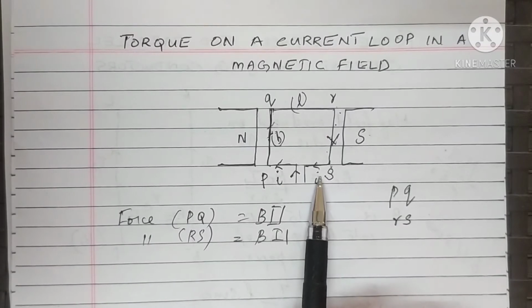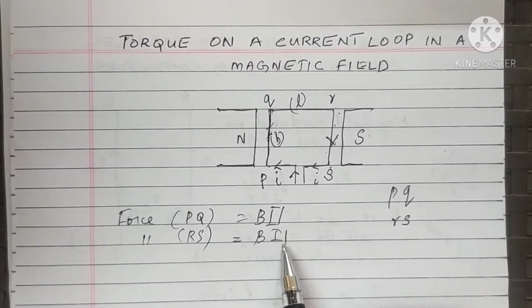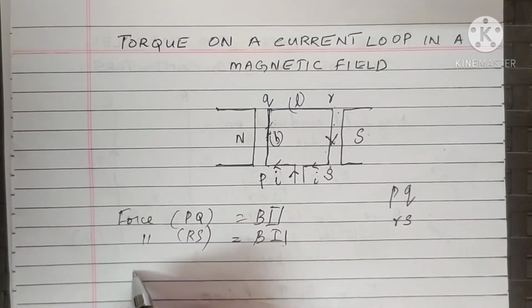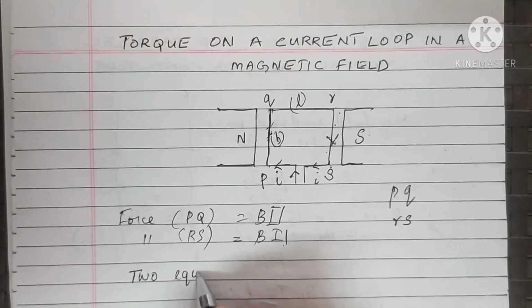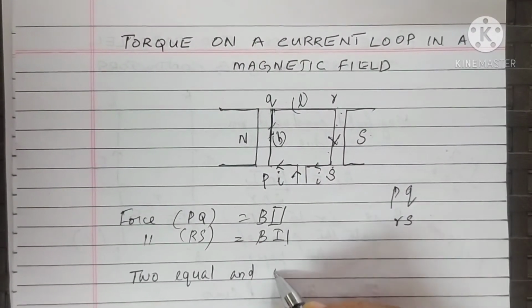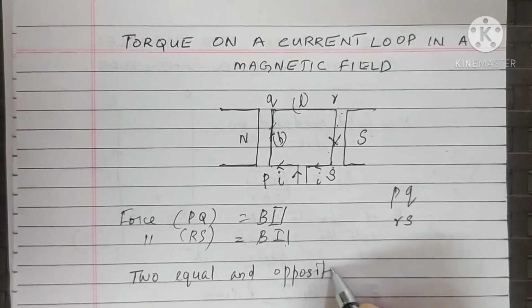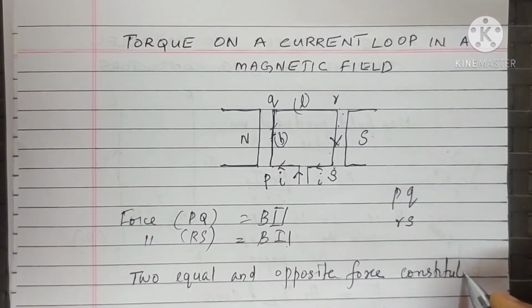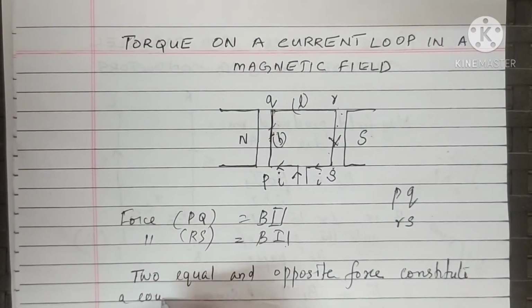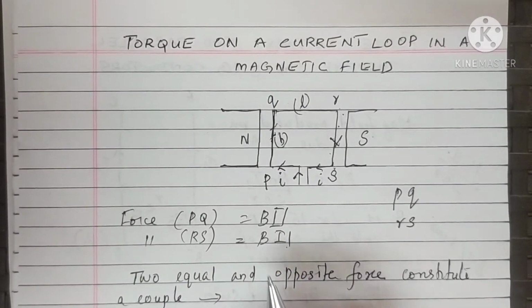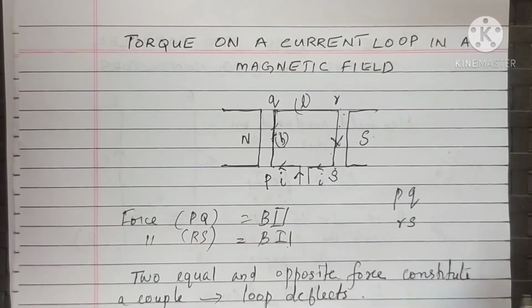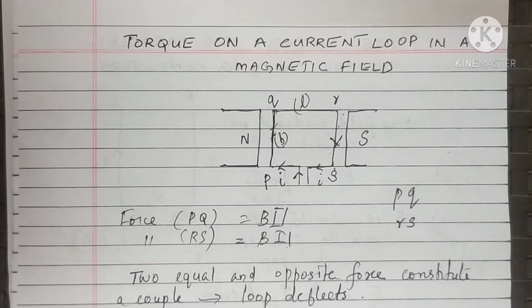Now here you can see both forces are equal but opposite. So two equal and opposite forces constitute a couple, and because of this couple, the loop is deflected. Because of this deflection, we call it a torque.